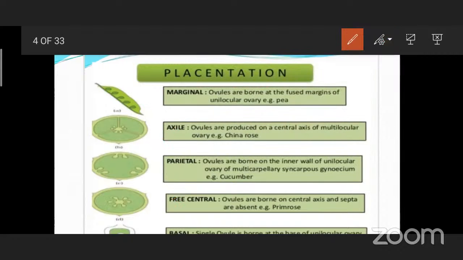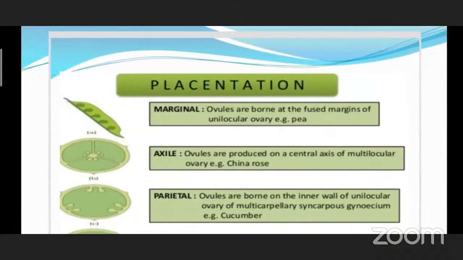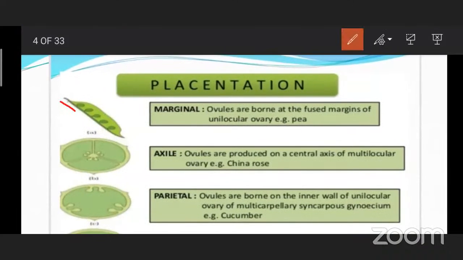Now let us discuss the first one, marginal placentation. The ovules are borne on the fused margin of a unilocular ovary. Example, pea.